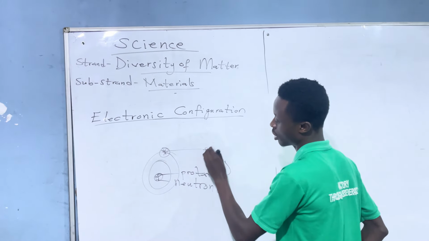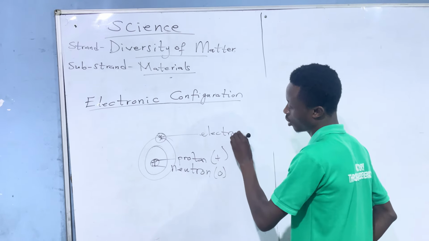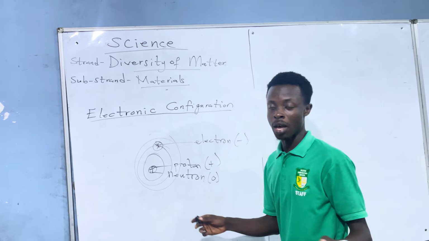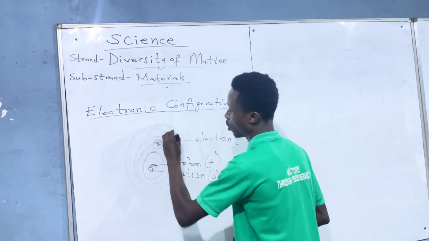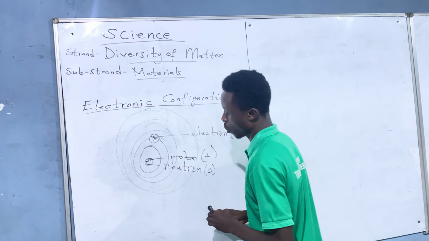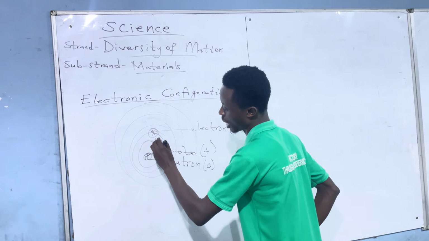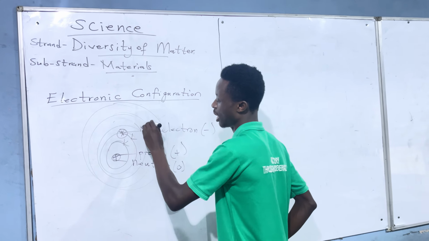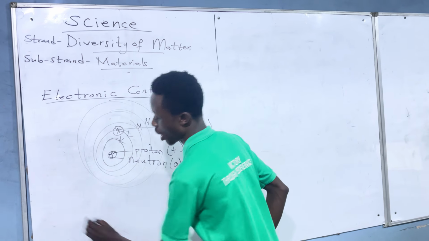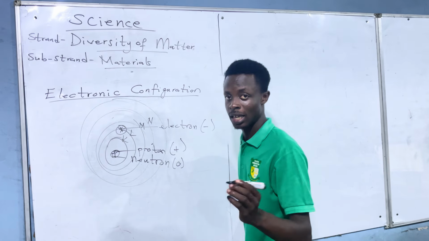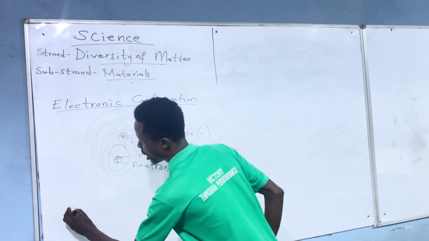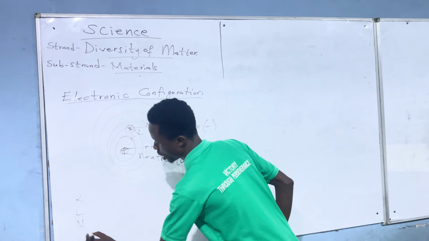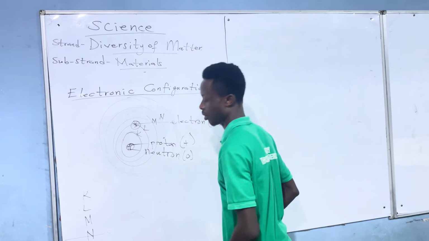The electrons are negatively charged. On the shells, we have the first shell, that's the K shell, the L shell, the M, and then the N shell. So we are going to base on that to write the electronic configuration.